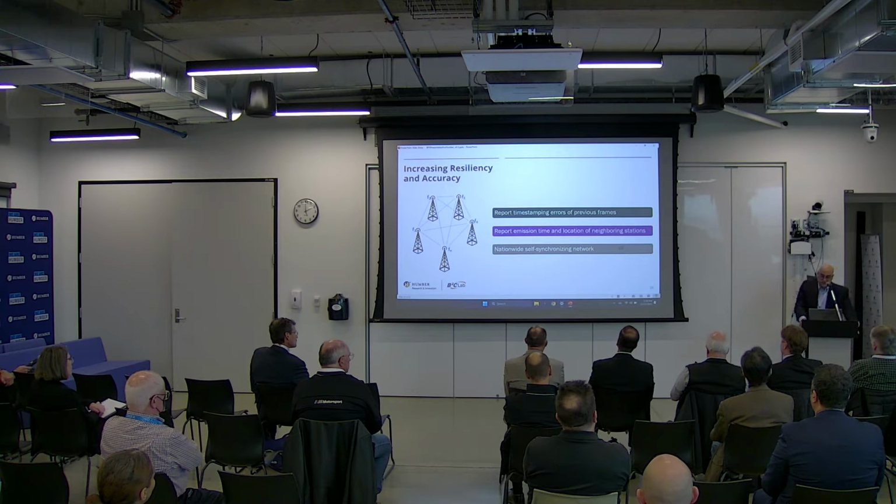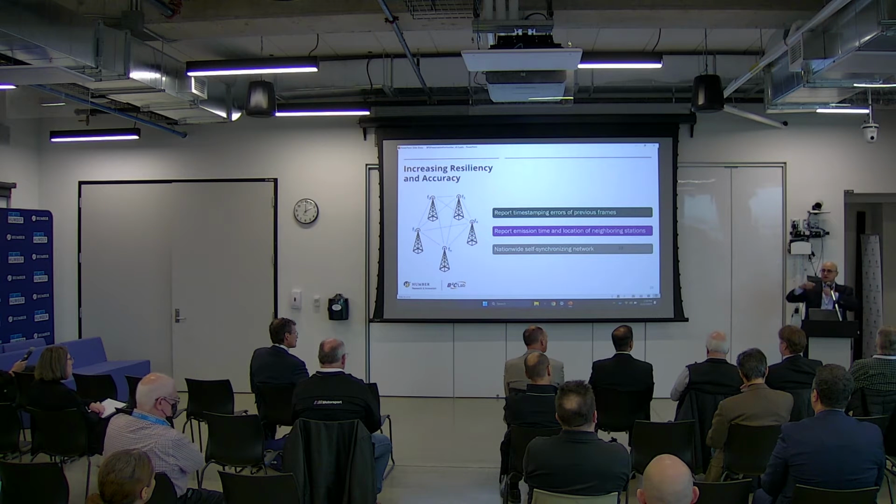The second one is, all these towers are listening to each other. So why not put a sensor on every tower, listen to the timing that is transmitted by all the towers, and pack it up in a message.